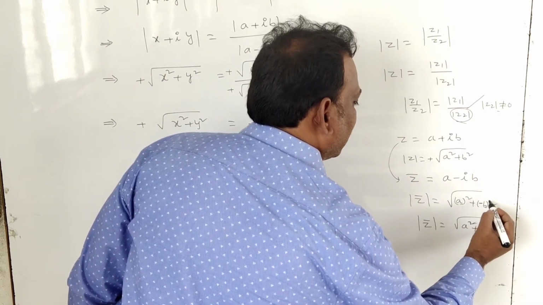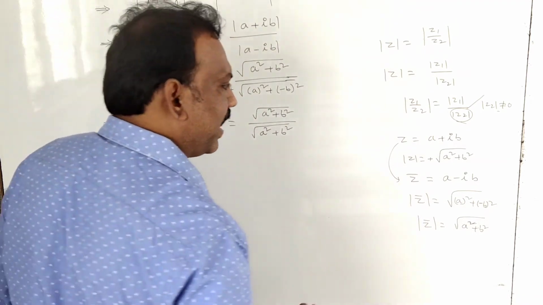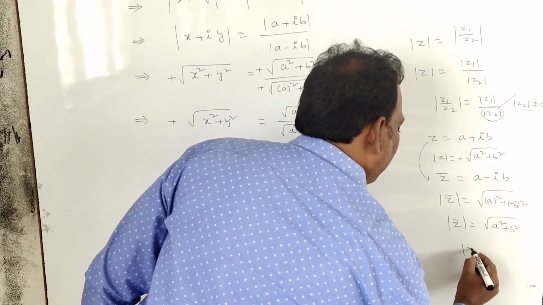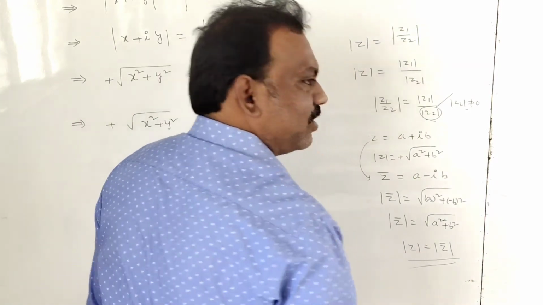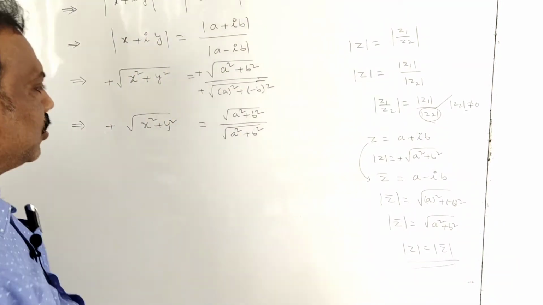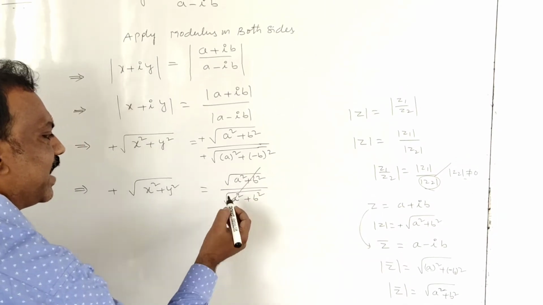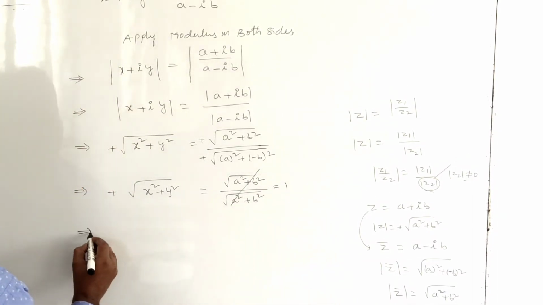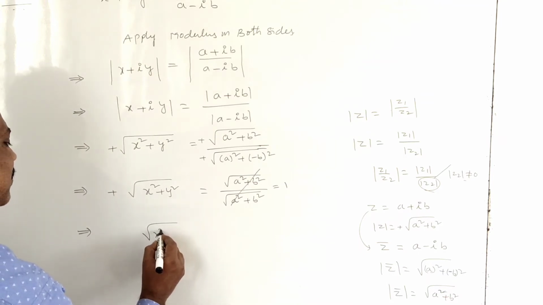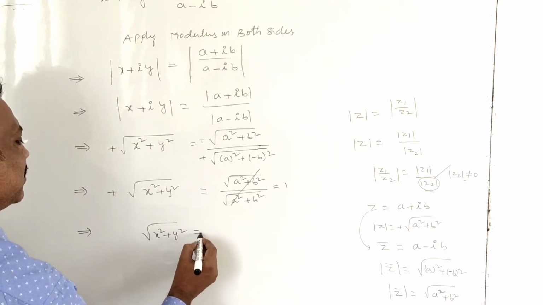There is a square, even though negative it becomes positive. That's why you can see that mod of z and mod of z bar are always equal. I told you that in the properties also. So here the same values we can cancel. You will get 1 here. So the left side is root over x square plus y square, which is equal to 1.